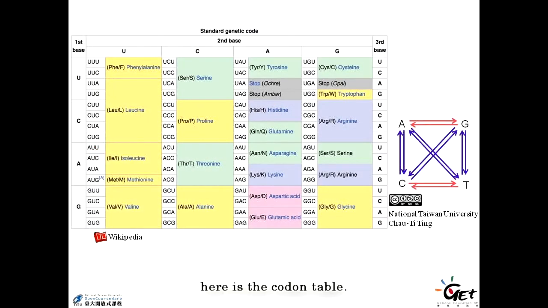Okay, here is the codon table. Just to remind you of what we said: from the top corner that I'm showing here, UUU is TTT, as I said in previous slides, and codes for phenylalanine. Then at the bottom is GGG, so you can see CCC is equally distant, right?